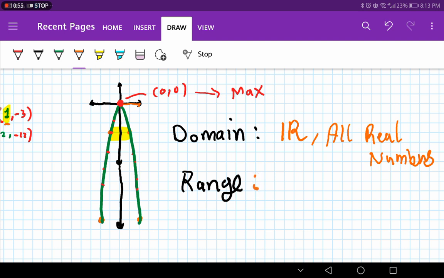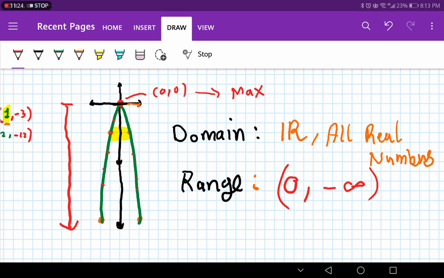Now what is the range? The range starts from the vertex, and it goes down, as you see on the graph. The vertex is 0, so it will be from 0 and go down to negative infinity. Teacher, if it goes up, it will be positive infinity.